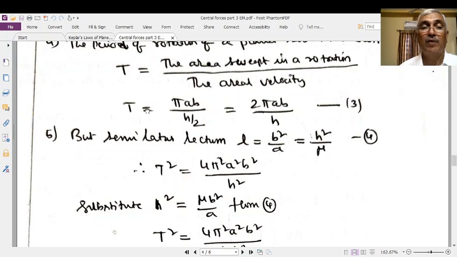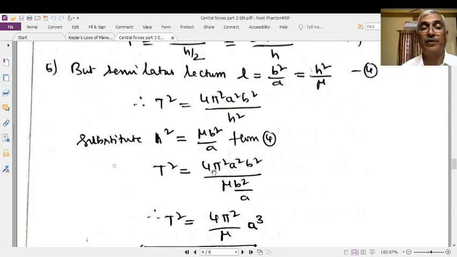Okay. Here we have the T value. We will square it. That is, T square is equal to 4 pi square a square b square by h square. In place of h square, we will write mu b square by a. Therefore, T square is equal to 4 pi square a square b square by mu b square by a.